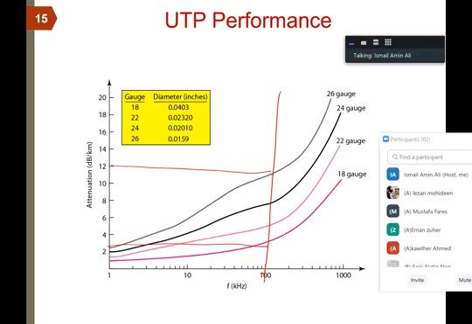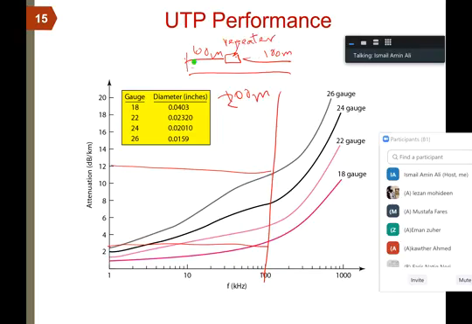A long cable normally can go up to 100 meters. So if you have a length of 200 meters, then you need to put a repeater in between, so that the signal can reach the other side.